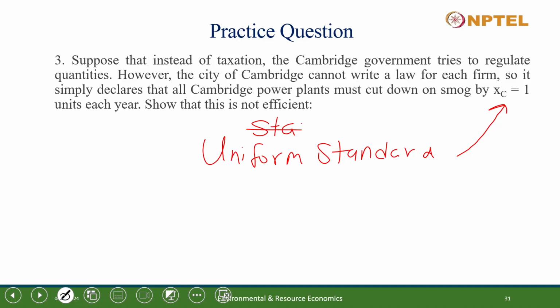So each plant has to cut 1 unit of smoke emission, right? So we have to show that this law is ineffective compared to emission taxation or any other system, right?